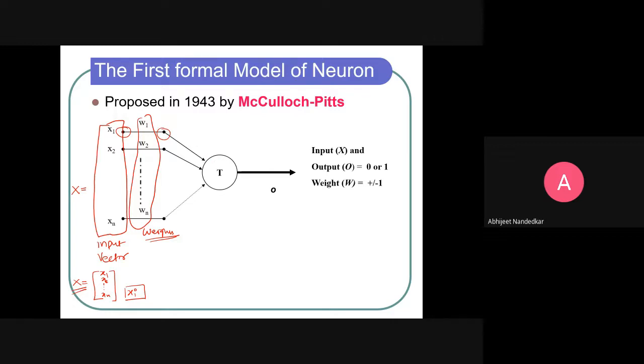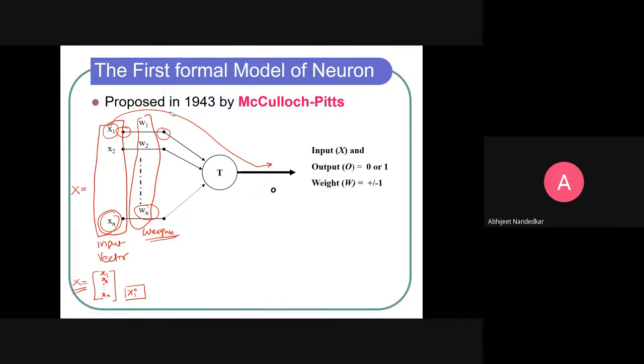So if importance is more, this signal will contribute more towards firing of this neuron. If importance is less or it's negative, then the contribution of this input will be less in firing this neuron.